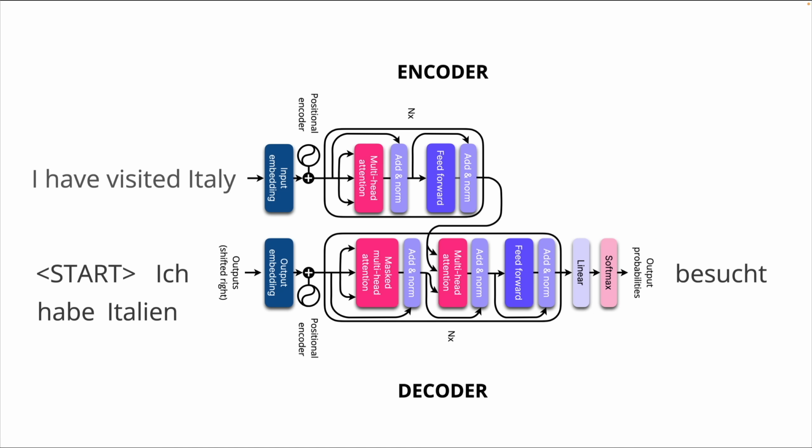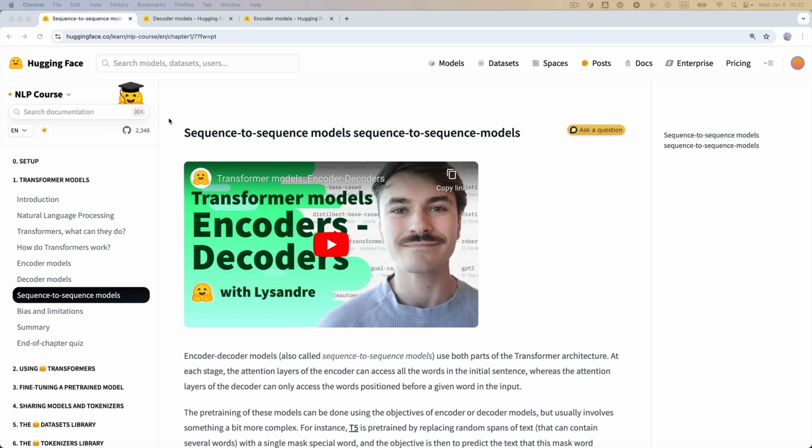Over the past 6 years, the transformer architecture has been so successful that it's led to the development of larger and larger models, which are of course called large language models or LLMs. The basic transformer architecture has spun off many different types of models. Some, like the original model, use both encoder and decoder blocks.